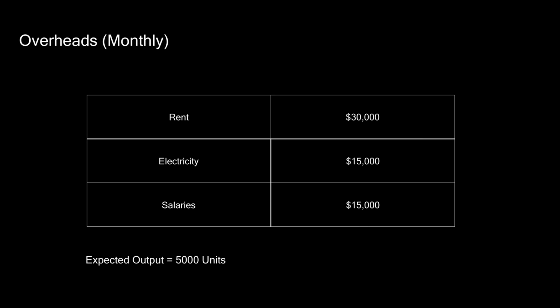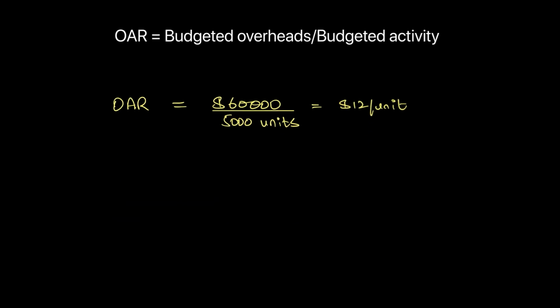So if you see, your total overheads are 60,000 if you add them up, and that's your output, 5,000 units. So we can now say that the overhead absorption rate, which is budgeted overheads upon budgeted activity, is $60,000 of overheads to make 5,000 units. So this becomes $12 per unit. That's your overhead absorption rate.